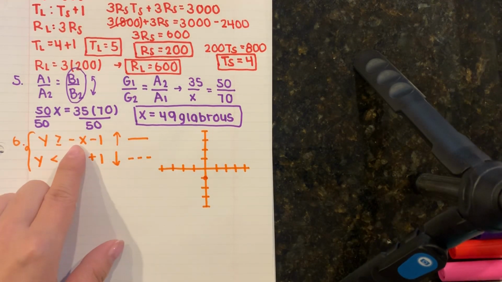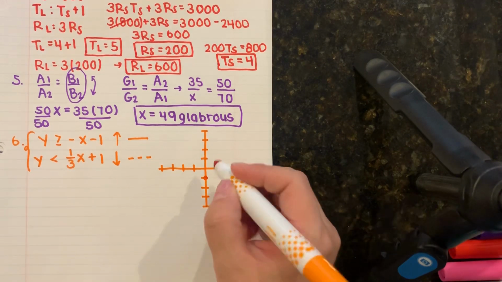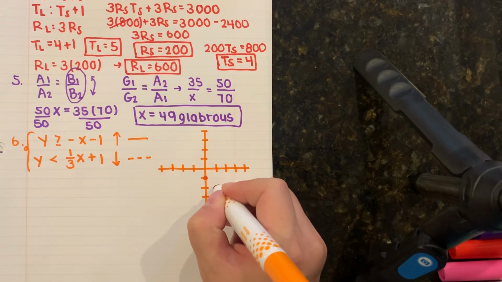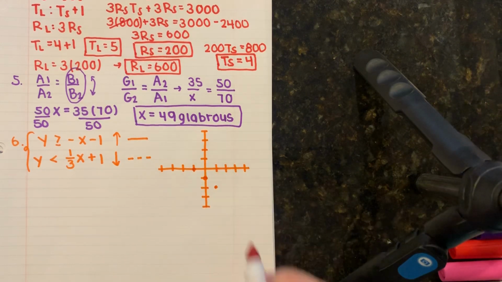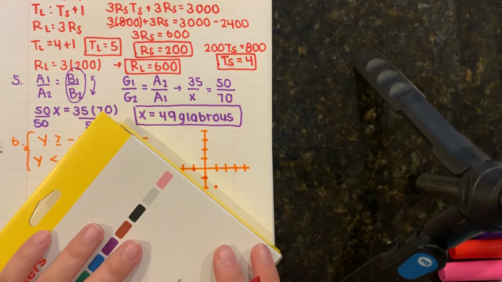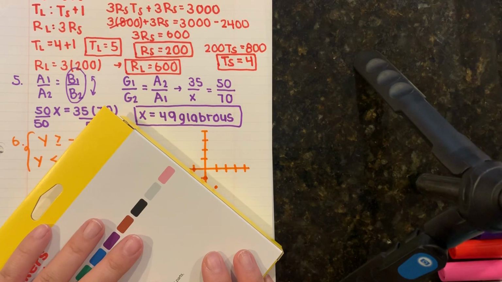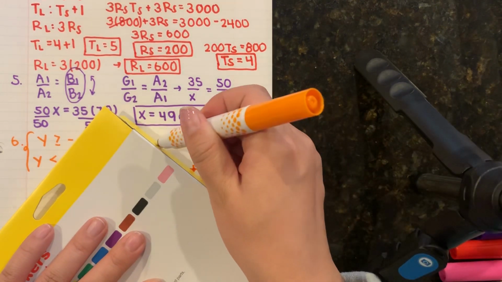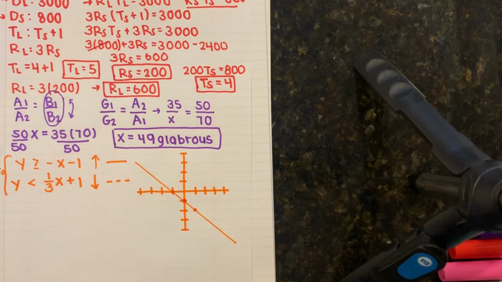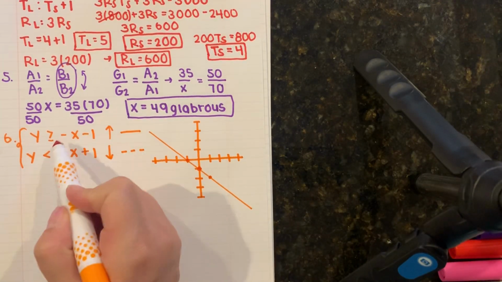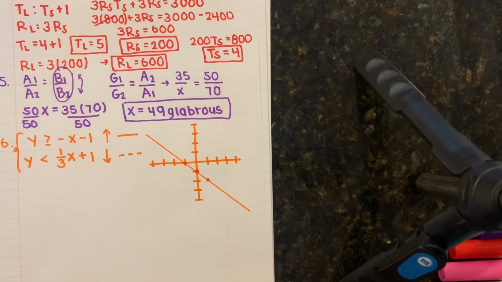Then the slope is -1 over 1, which means from that point you're going to go down 1 over 1, or you could go up 1 to the left 1. It doesn't matter which one you do. And this is going to give you a slope here. So if you want to use a straight edge, you can, if you have one. This one's going to be a solid line because we said that it's greater than or equal to.